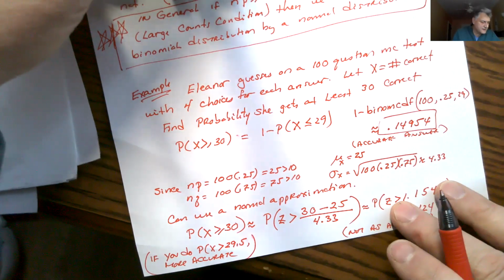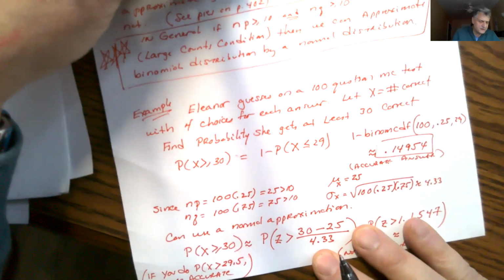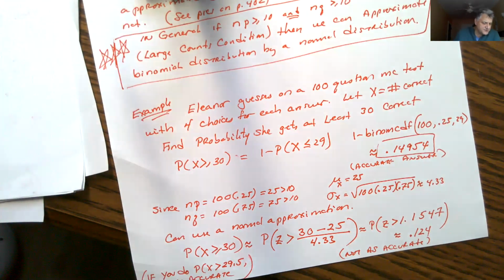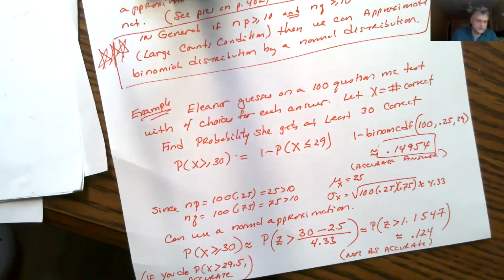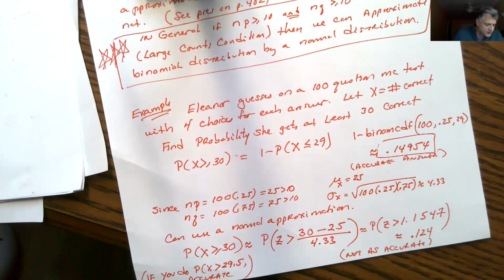So here's an example. Let's suppose that Eleanor, God forbid, guesses on a 100-question multiple choice test with 4 choices for each answer. And let X equal the number of correct answers she gets. Okay?